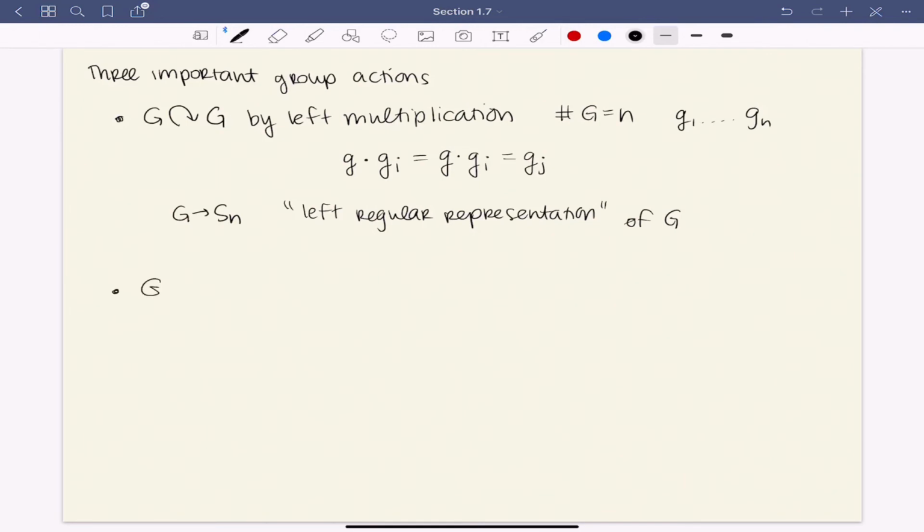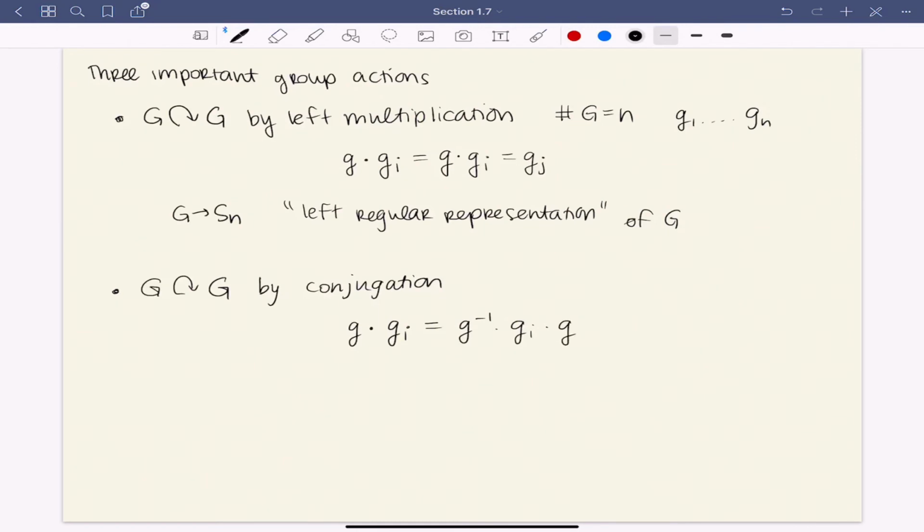Another action of G on itself is by conjugation. So this time, I'm going to do the same thing. The cardinality of G is n, and I number the elements. But this time, the action of G on g_i is g inverse multiplied by g_i multiplied by g.